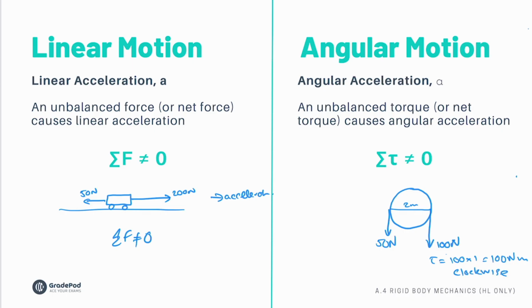This person is providing a torque of 50 times 1, which is 50 newton meters, and that's anti-clockwise. There's an unbalanced torque, and guess what? It causes acceleration. It's exactly the same concept as forces and linear acceleration.